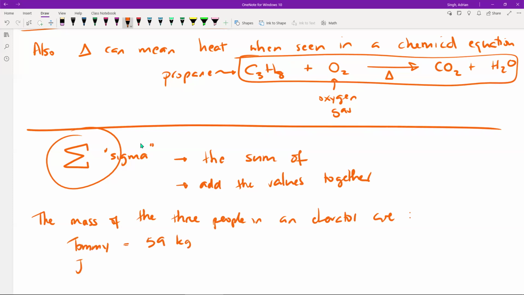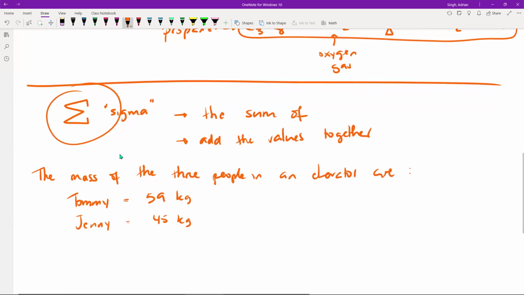We have Jenny, who is 45 kilograms. And then let's say Miles, who is 63 kilograms. Okay, and then we're asked, given that information, what is the sum of their masses? What is the total mass of people in the elevator?